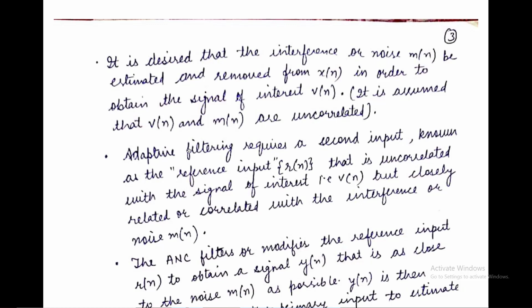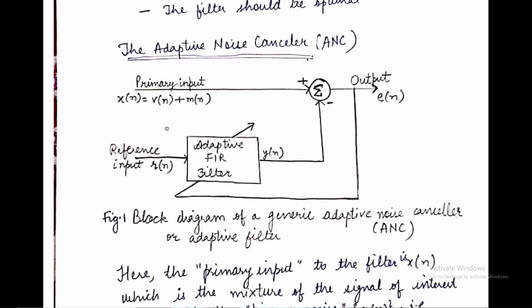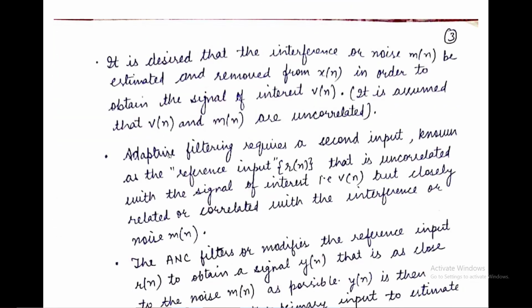Now, adaptive filtering requires a second input, which is known as the reference input. You can see in this figure again, we have this reference input. So one is the primary input, and in adaptive filtering we need one reference input, which is Rn. This Rn is uncorrelated with the signal of interest, Vn, but it is closely related, or correlated, with the interference or noise, which is Mn.